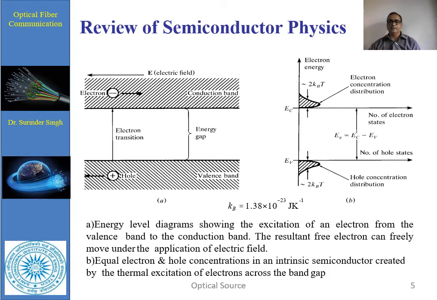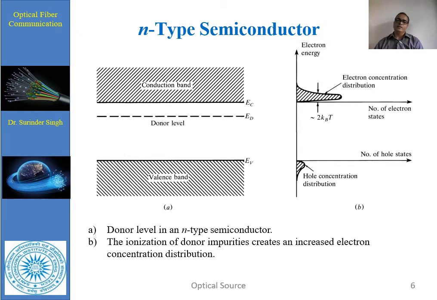Now the conduction can be increased by adding an impurity from the group 5 elements. Group 5 elements are phosphorus, arsenic, antimony. When we add this impurity, the process is called doping.